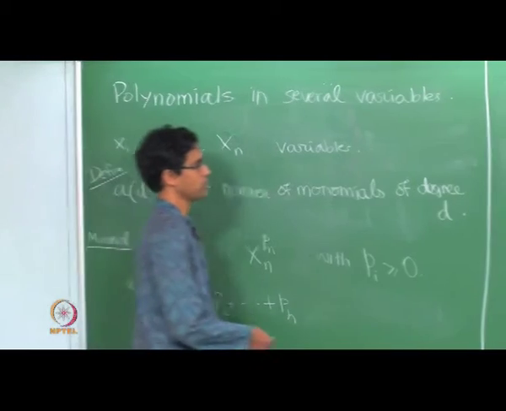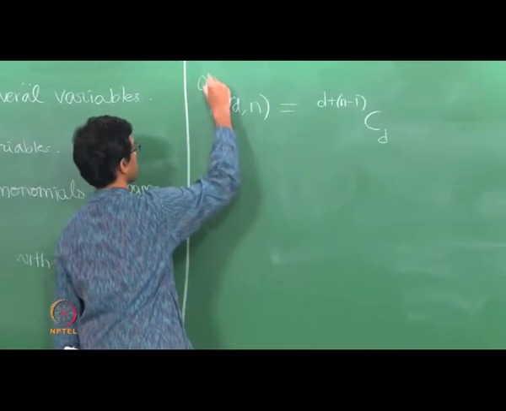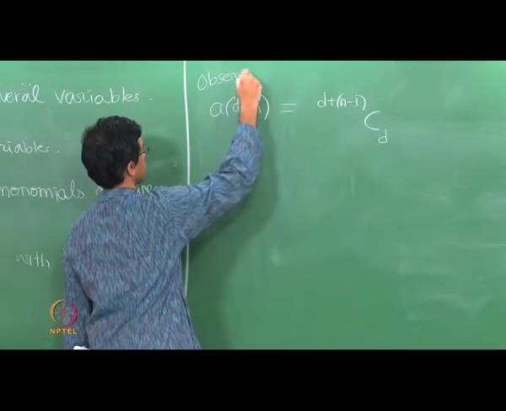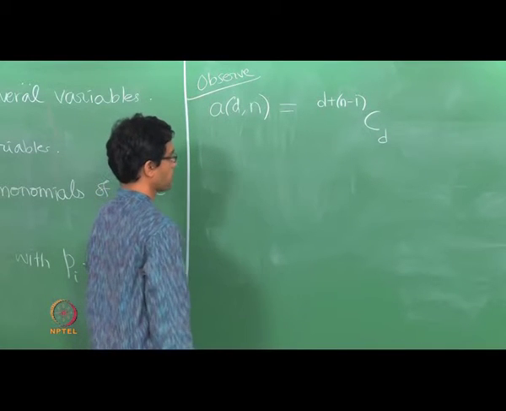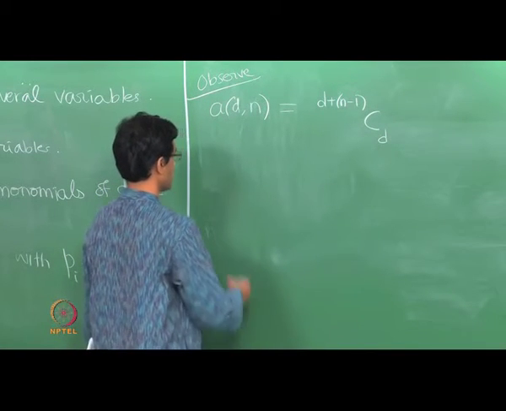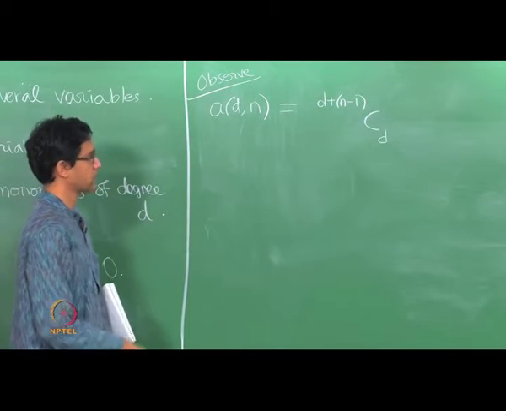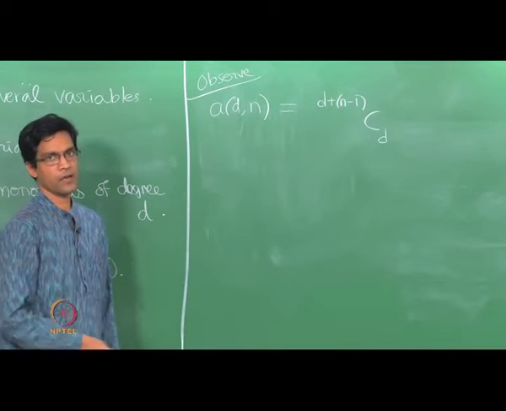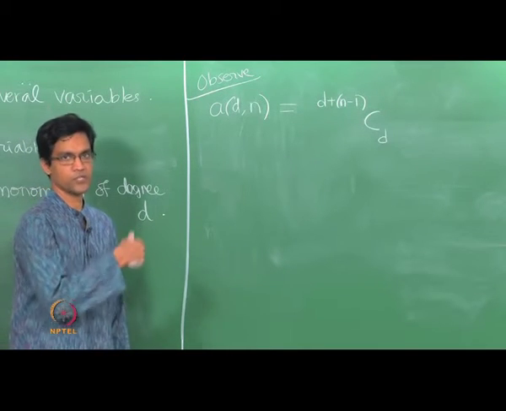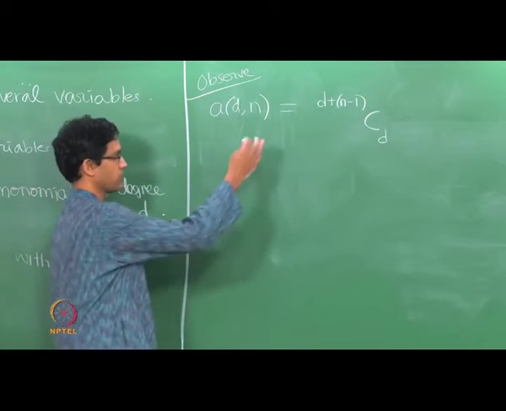Okay. So, observe that we have solved exactly this problem that was posed some time ago. What I would like you to do is to go back to that lecture where we tabulated the values of a d n and where we obtained that nice recurrence relation, and check that this in fact does match.